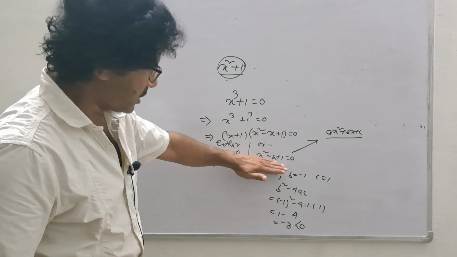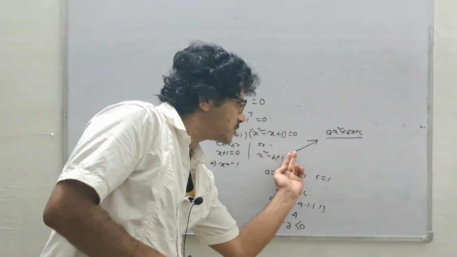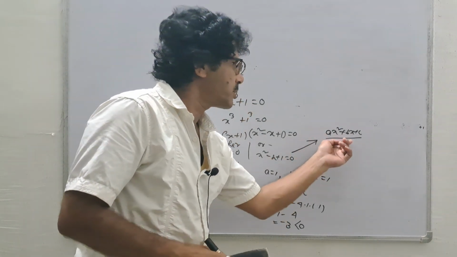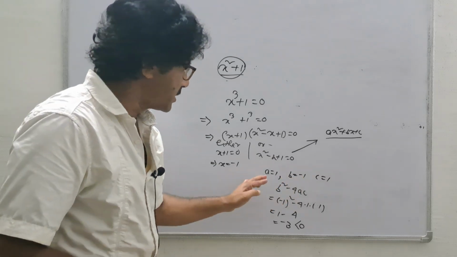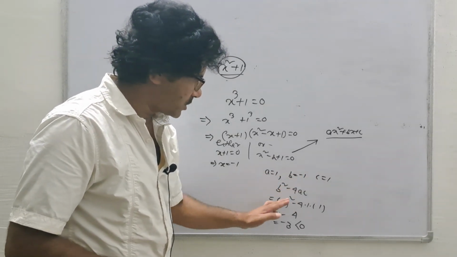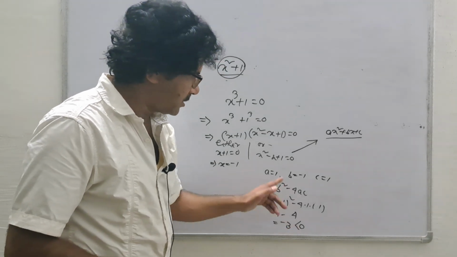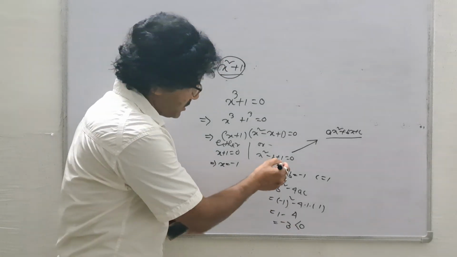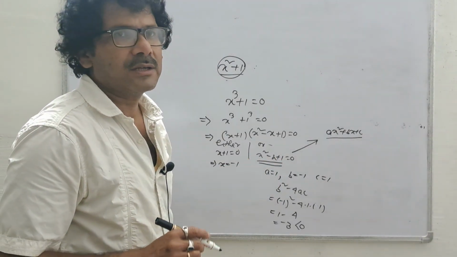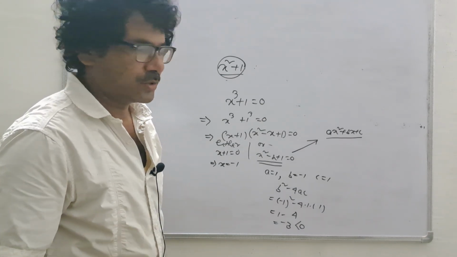This is a quadratic polynomial, and you compare it with the standard quadratic polynomial, and then you will get a equal to 1, b equal to minus 1, c equal to 1. And if you find b squared minus 4ac less than 0, then this polynomial will not have any real zeros.